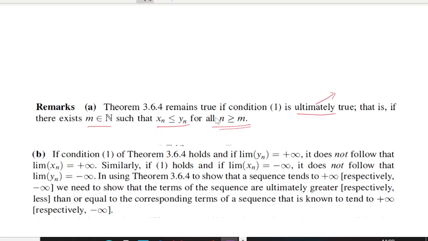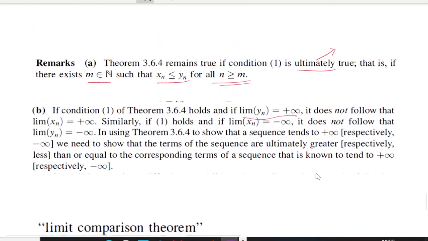Now if condition 1 holds and if limit of yn equal to infinity, so what is given? This is the condition: it is given that xn less than or equal to yn, right? Then suppose your limit of yn equal to positive infinity, which does not imply that limit of xn is positive infinity.